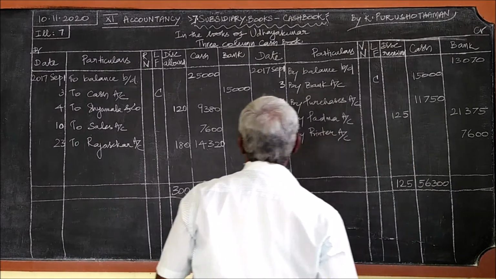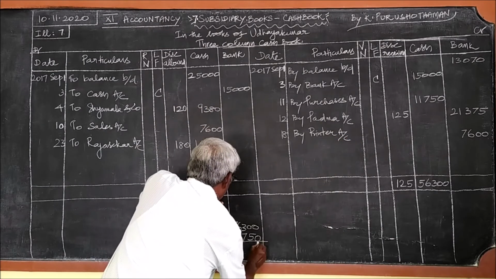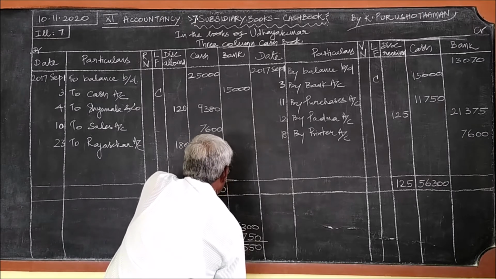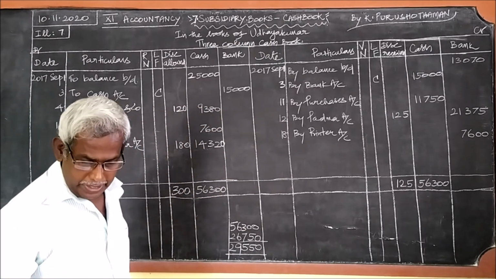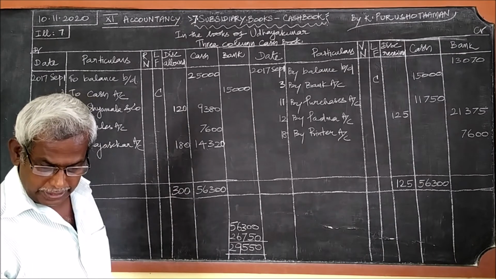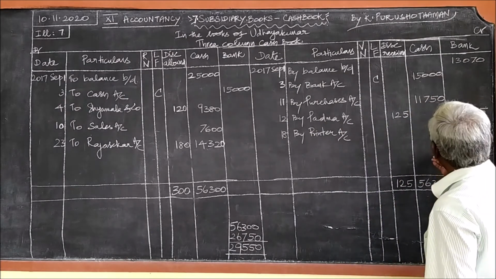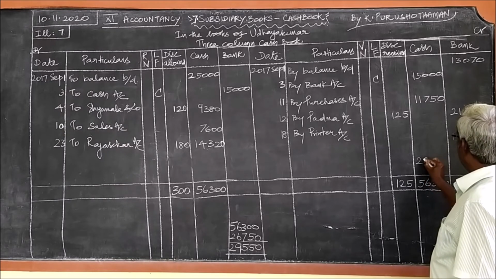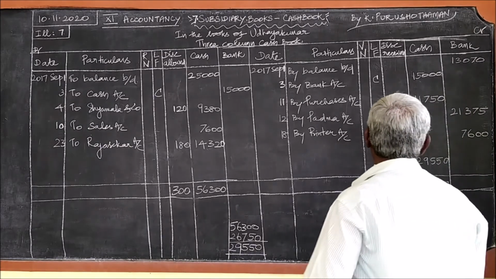Now we can find the balancing figure for the cash column, that is the missing amount, 29,550. We should write 29,550 where it is missing, this is the balancing figure here in the cash column credit side. Against it, what we should write?